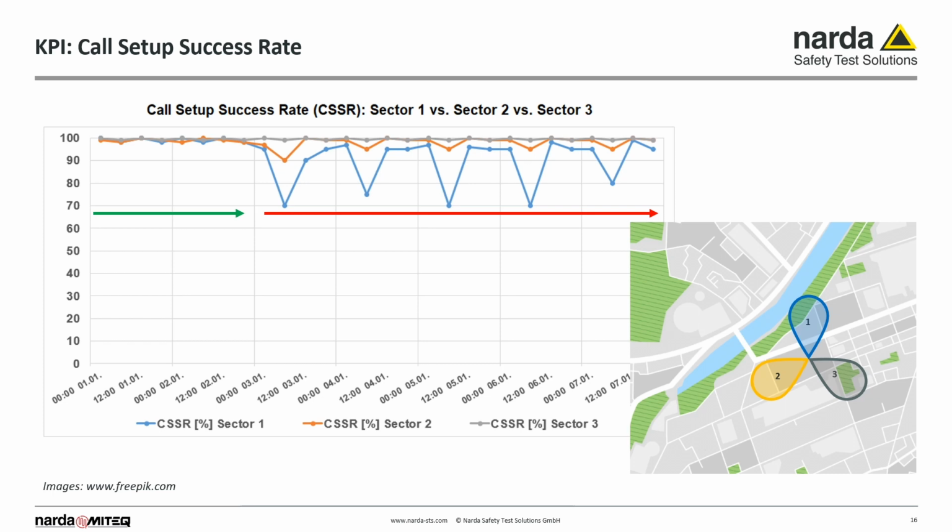In our example, however, after 2 days of perfect operation, CSSR values degrade for sector 1, blue curve, and slightly for sector 2, orange curve, while sector 3, gray curve, remains unaffected. The blue and orange curves in the diagram for sectors 1 and 2 not only show temporarily degraded CSSR values, but they reveal a daily periodicity. We will focus on this issue again later.